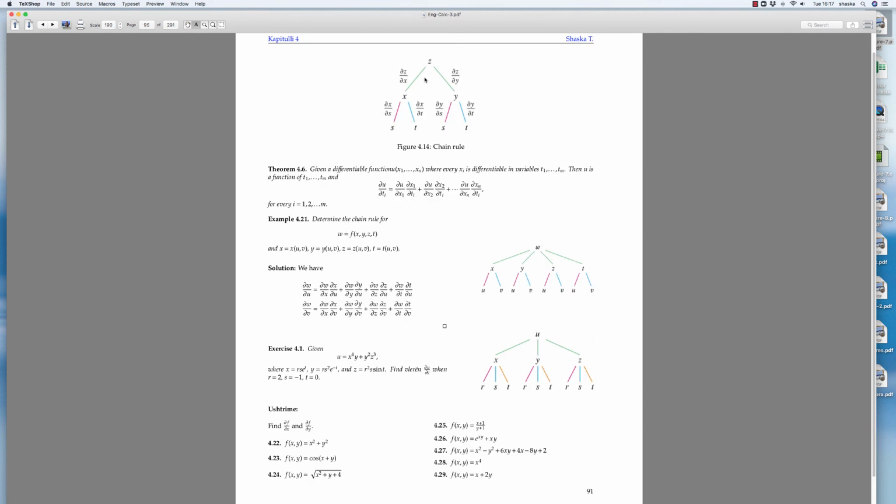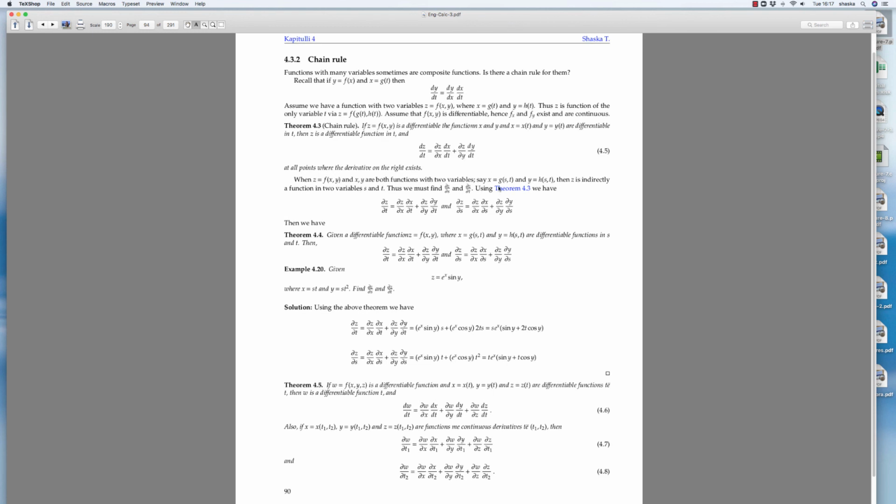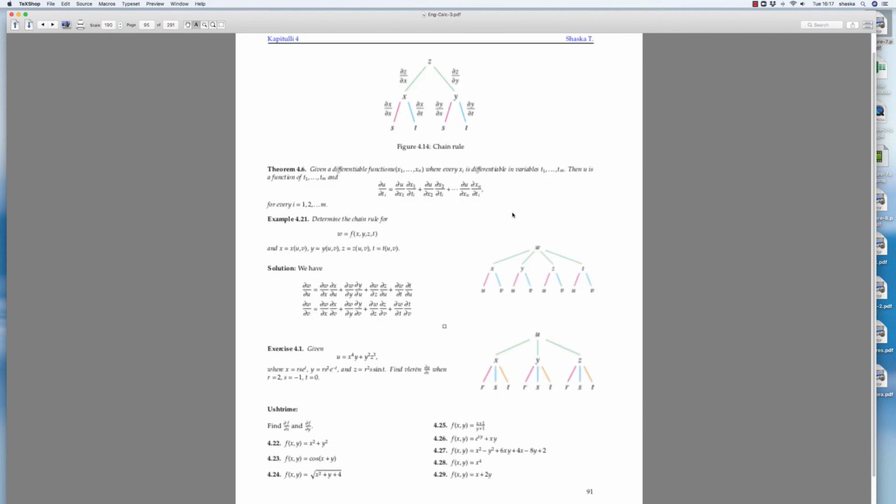So here, from z we go to x, from x we go to s. So you multiply these edges when they go down the tree, and then you add different branches of the tree. So then it's plus, and then there is the other path of the tree: the partial of z with respect to y times the partial of y with respect to s, which is basically the right half of the tree there.